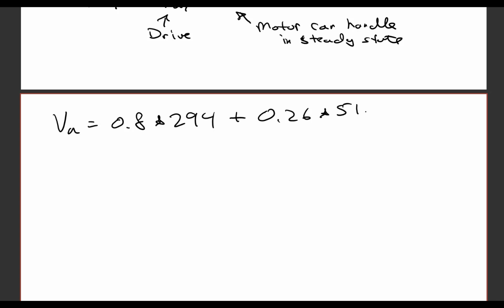What am I saying here? Sorry. This is equal to R times I A plus lambda A F times omega M. Actually, we don't know lambda A F. We've got to find it.